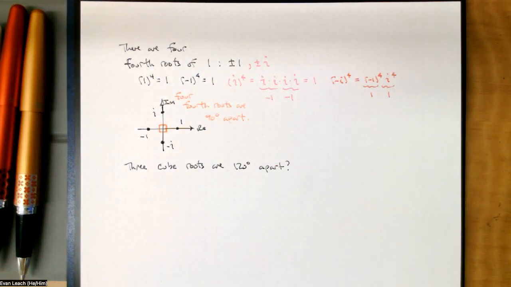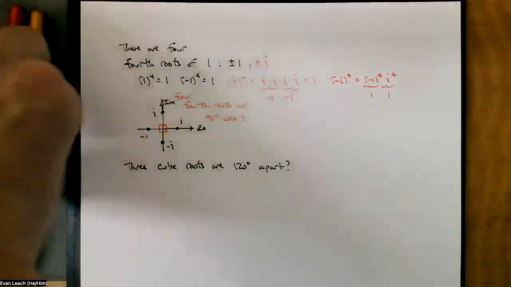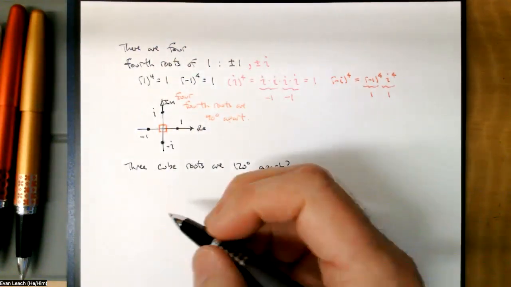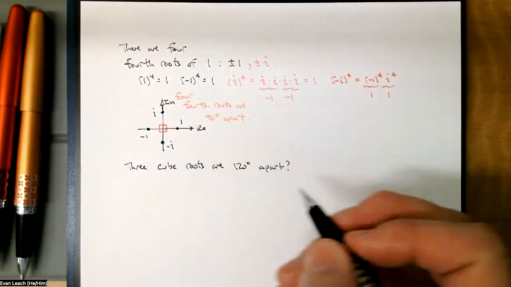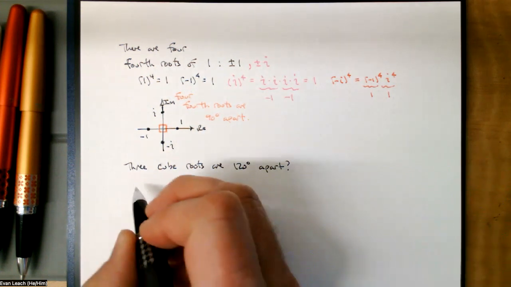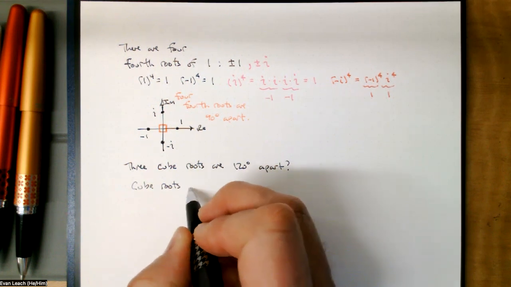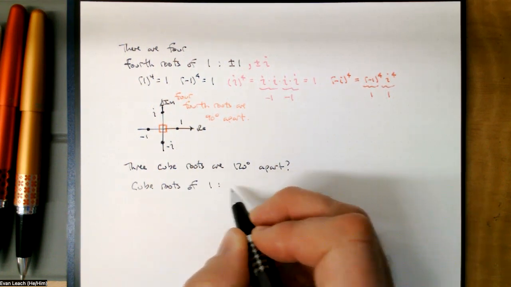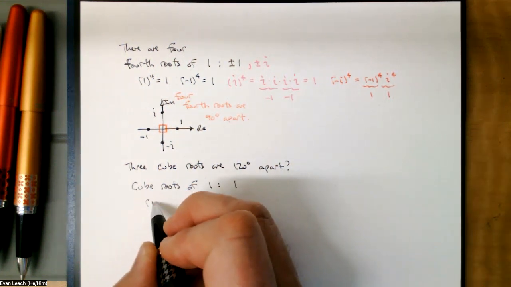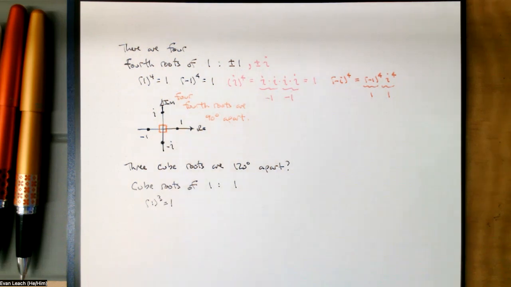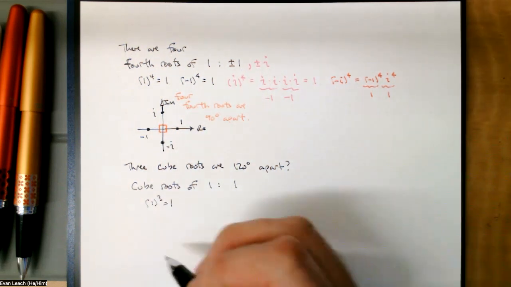Next, we want to see that the 3 cube roots are 120 degrees apart. So if I think about cube roots of 1, certainly 1, because if I take 1 cubed, we get 1. So now let's grab the complex plane.